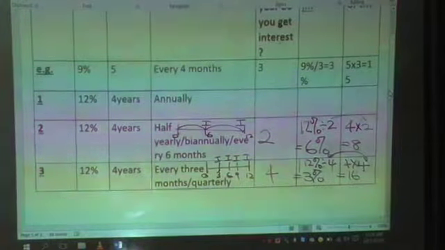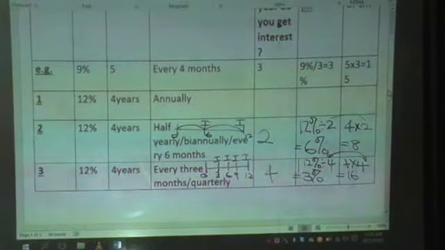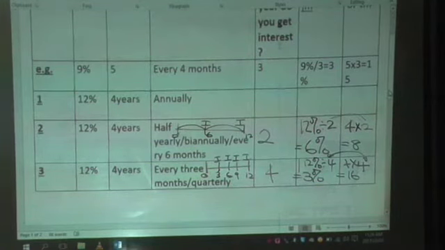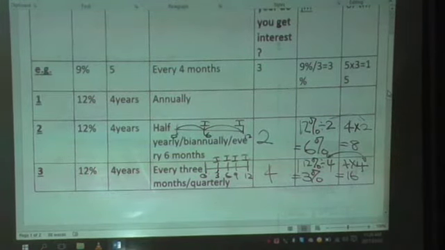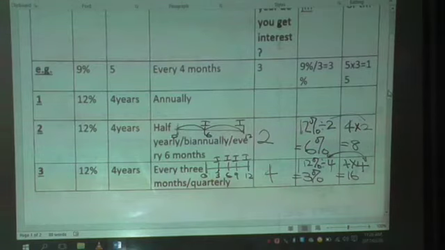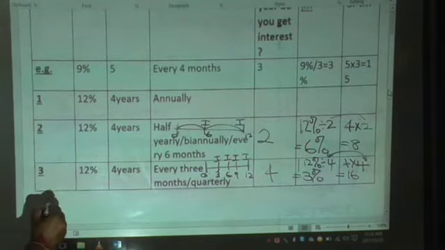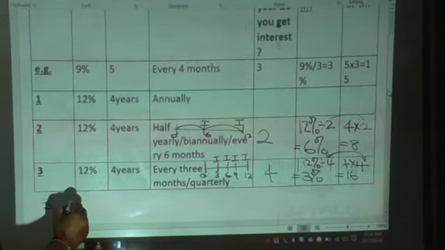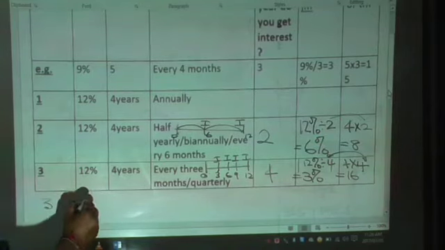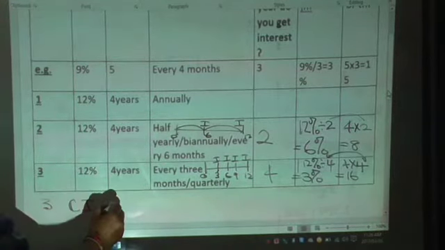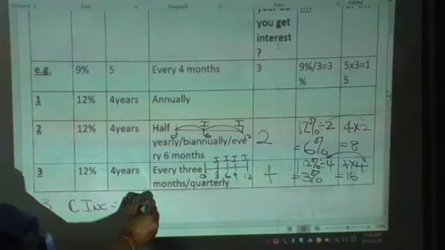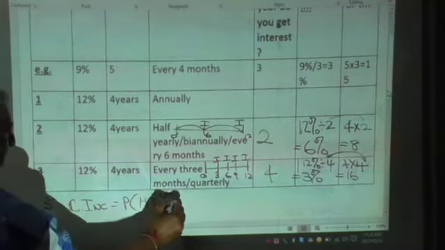Alright, so this little table teaches you how to adjust the rate and n. If I just take number 3, in my formula, compound increase is equal to P into 1 plus i to the n.